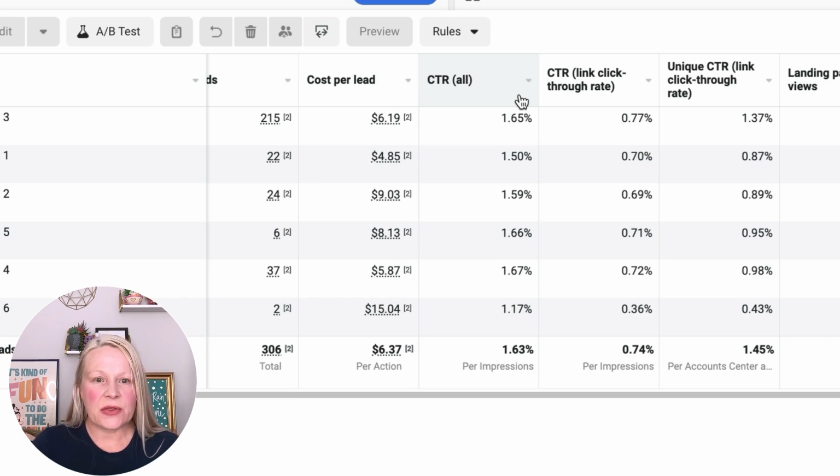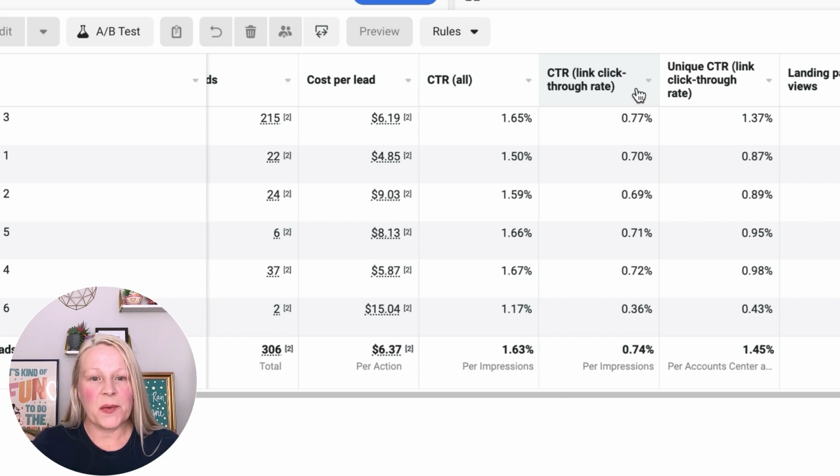So if you're hitting that 3% metric, the next thing we want to look at is our CTR link. So again, CTR, click-through rate, and the link click-through rate means these are the number of people that actually stopped on our ad, and now they actually clicked through our ad. So they read our ad copy, and now they've clicked through to go to our landing or our registration page.